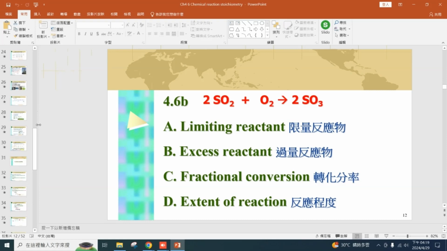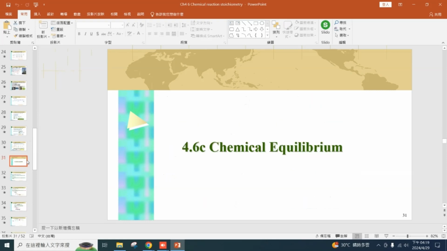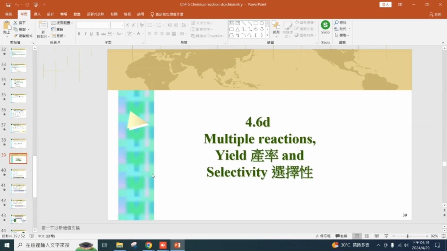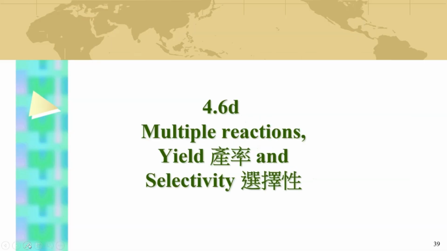Today we want to talk about multiple reactions. Multiple reaction is a little bit complicated compared to the single reaction, because if you have more reactions, that means you will produce more chemicals.